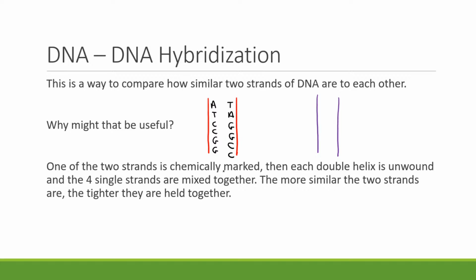We take two different sources of DNA. So this red is from source 1, and this purple is from source 2. We take them apart and we mix them together.